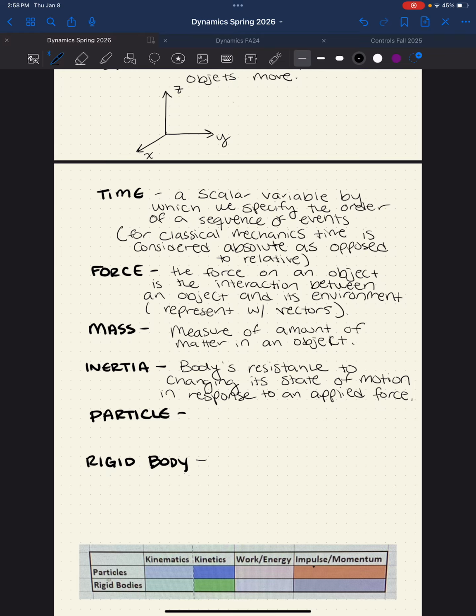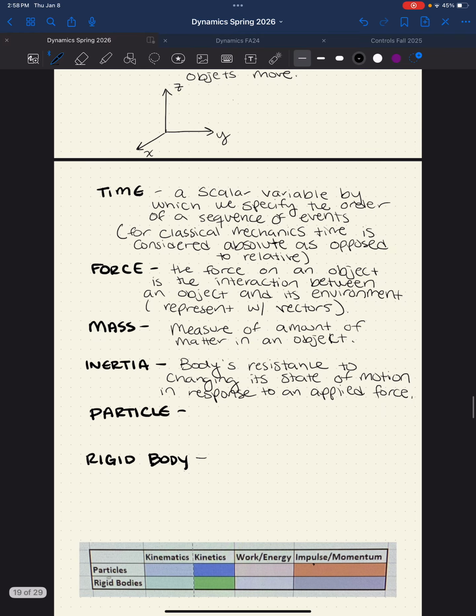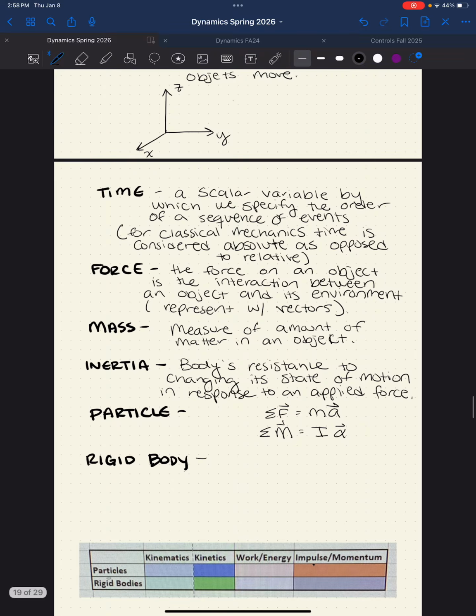Okay, so we said the very basic equation in this class is that the sum of forces equals mass times acceleration, and that the sum of moments is equal to I alpha. And I said it's very easy to see here that mass and mass moment of inertia are creating this kind of scaling of the relationship between the force and the resultant movement.